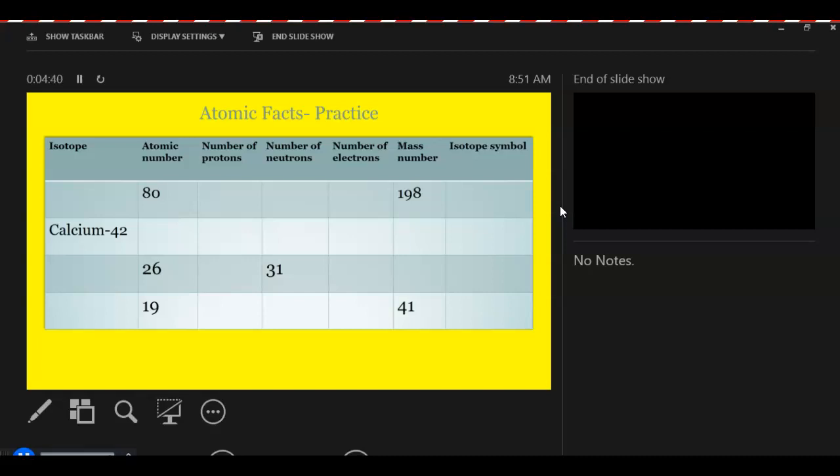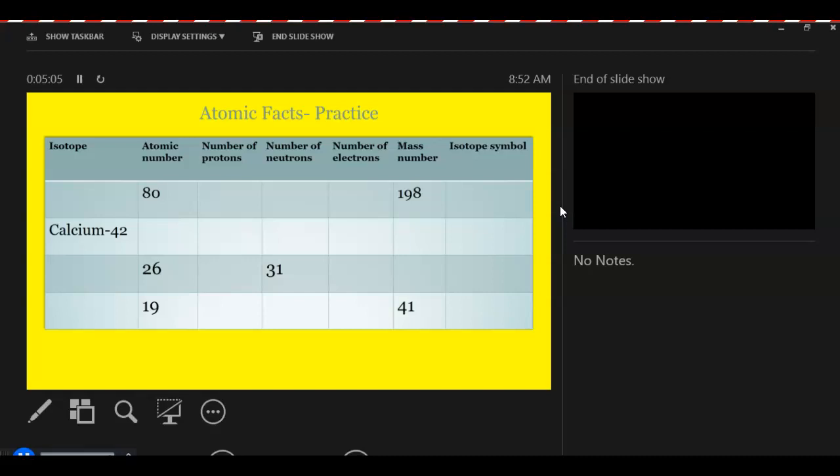Do the last one. Atomic number 19 is which element? Potassium. They give us the mass number, which is 41, so I'm just going to attach it. Atomic number 19, that means protons is 19. And if I know protons, I automatically know electrons.